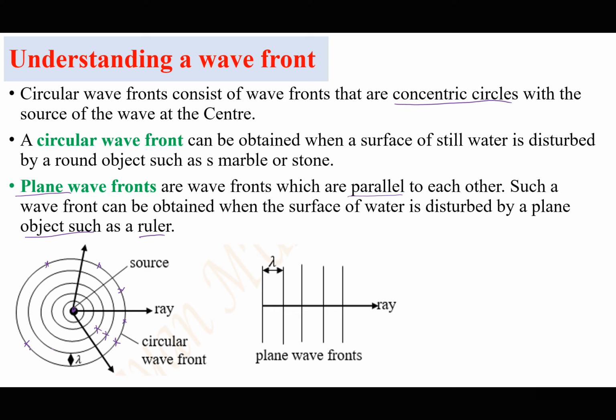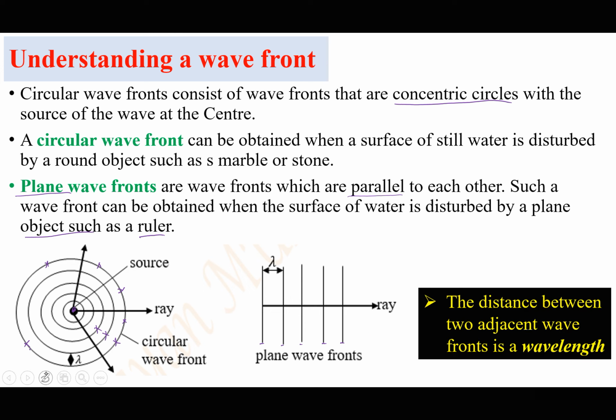Then if you drop a straight object such as a ruler horizontally onto the water surface, you'll see wavefronts of this nature. These are plane wavefronts or straight wavefronts. However, I want you not to forget that the distance between two adjacent wavefronts still remains a wavelength.